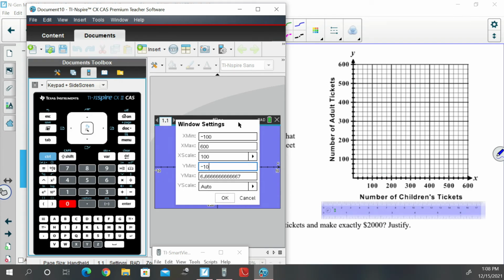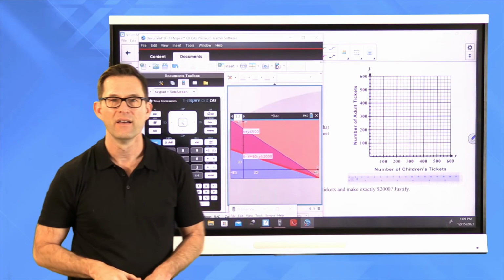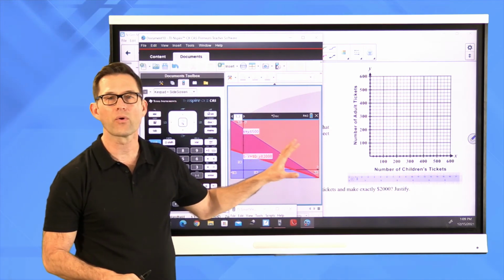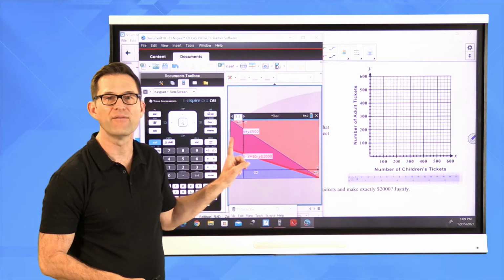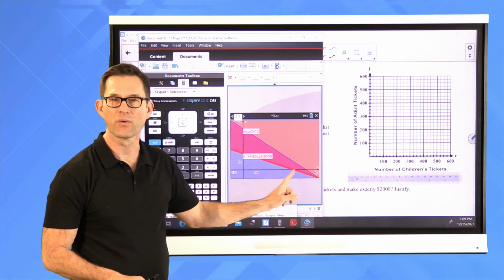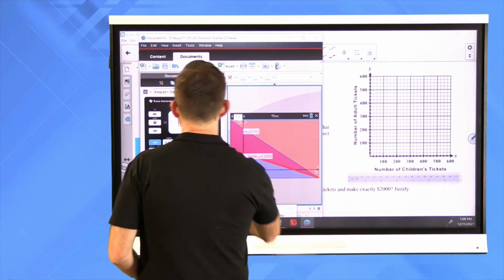Y-min, I'm going to do exactly the same thing, -100. Y-max, 600. And I'm going to make my Y-scale 100. That's just how often the tick marks are there. Look at that. There it is. What a cool graph automatically, and we can see that viable region right in here, right where that shading is.